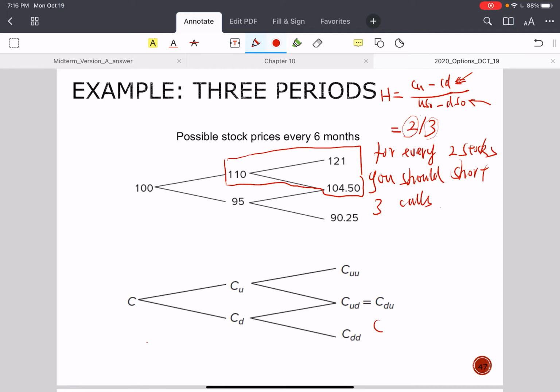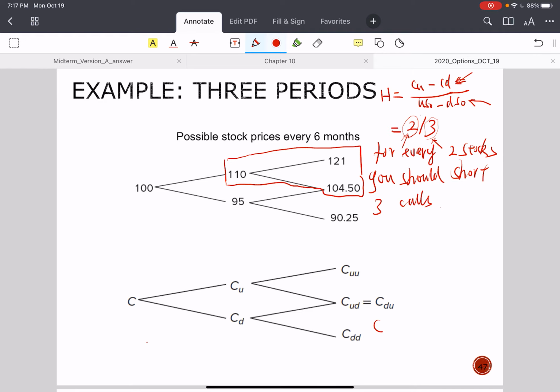So this implies that for each 1 stock, you will need more than 1 call option to hedge against the risk. So that's why for 2 stocks, you will need more than 2 calls. That is, you will need 3 calls, right? So basically, the numerator 2 here represents the number of stocks, and the denominator 3 here represents the number of calls, right?